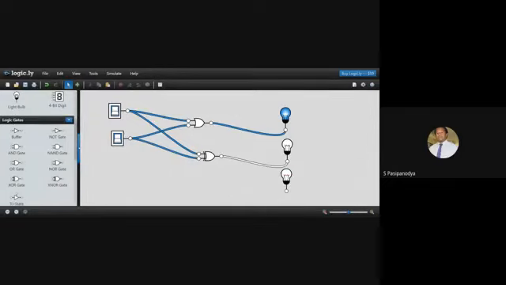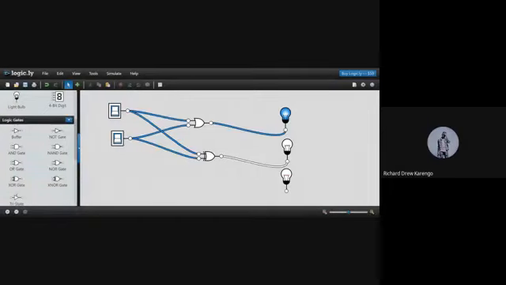Richard, go ahead. Yes, hello? Say I was saying for an XOR gate for it to have a positive output, their inputs need to be different.